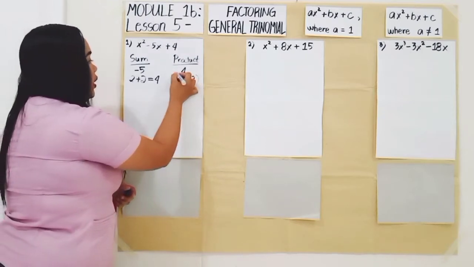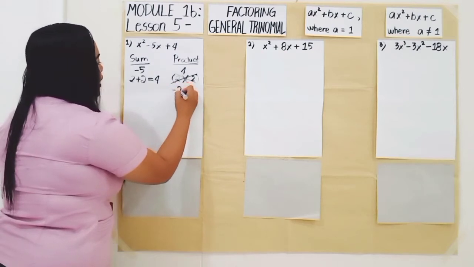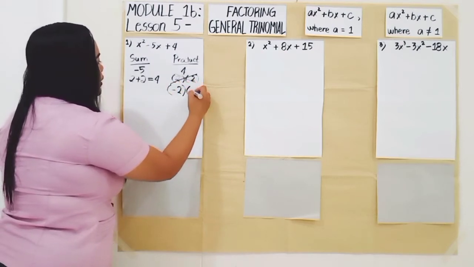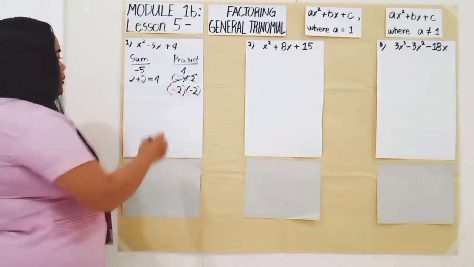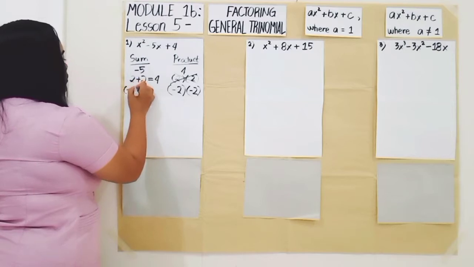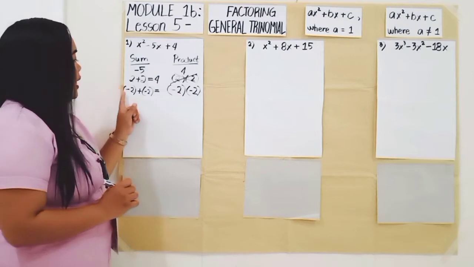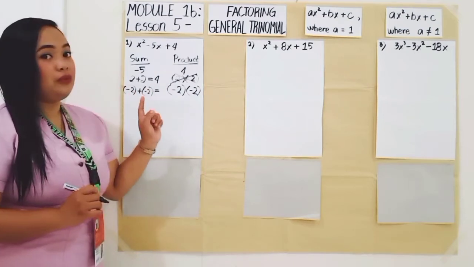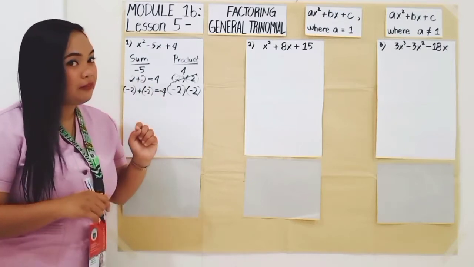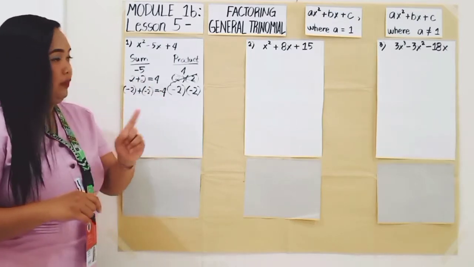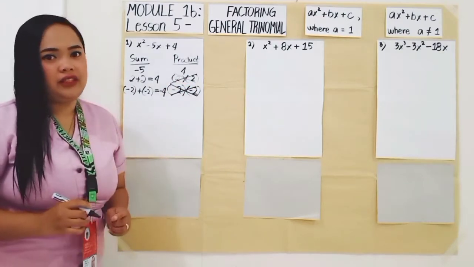Then, we will disregard these factors. How about negative 2 times negative 2? How about if you are going to add negative 2 plus negative 2? Negative 2 plus negative 2 is negative 4. Is negative 4 the same as negative 5? Obviously, no. So, disregard these factors again.